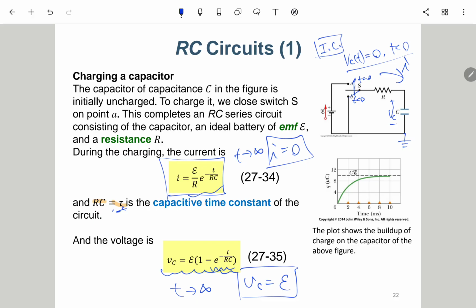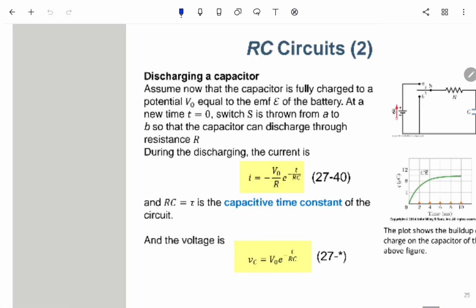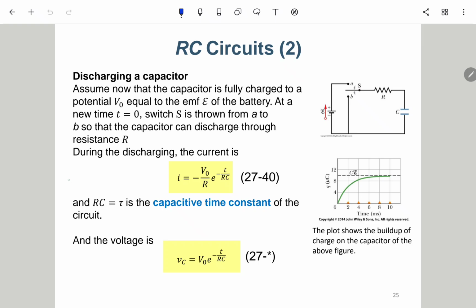This term will become 0. So Vc will be E when t is very large. So in this case, we have the initial condition Vc(t) to be E when t is smaller than 0. This is the initial condition. And then here, the switch goes from position A to position B.